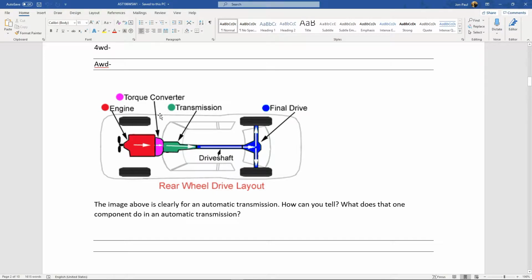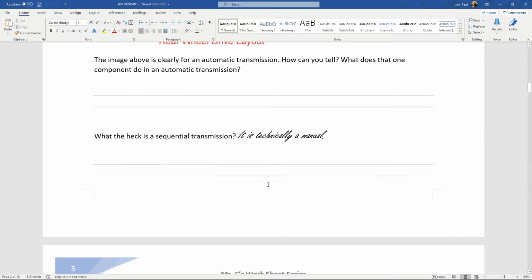So your difference between a manual and an automatic is the way that this engine and this transmission disengage. The second thing that makes a manual and not an automatic is the type of gears within it. So just remember this for later, but an automatic has planetary gear sets and a manual has compound gear sets. And then it doesn't matter what kind of transmission, the engine will be the same, final drive will be the same. But a little trick there.